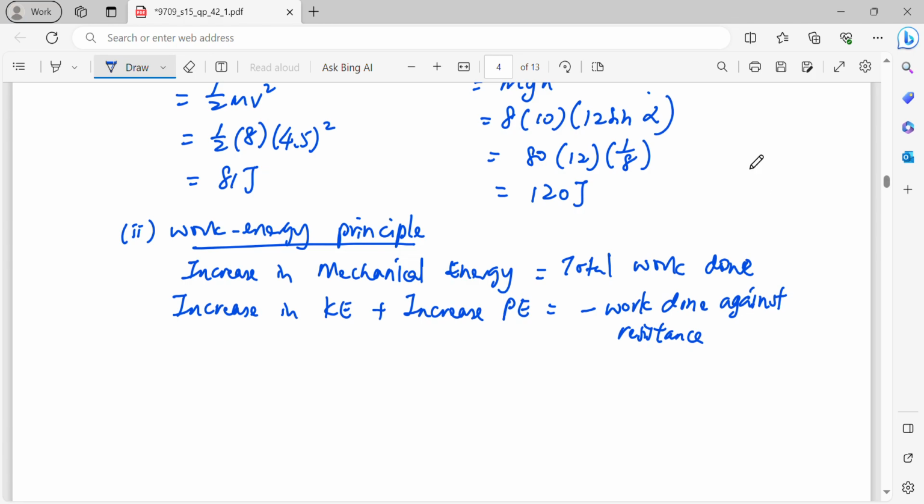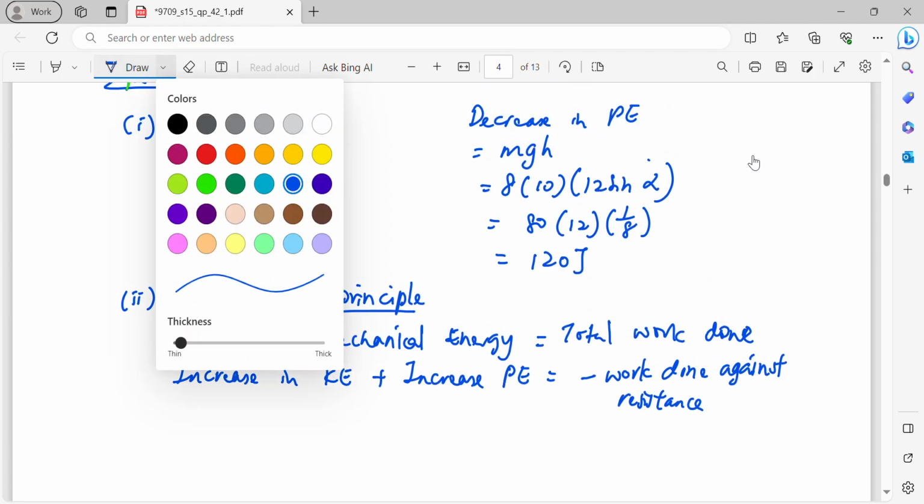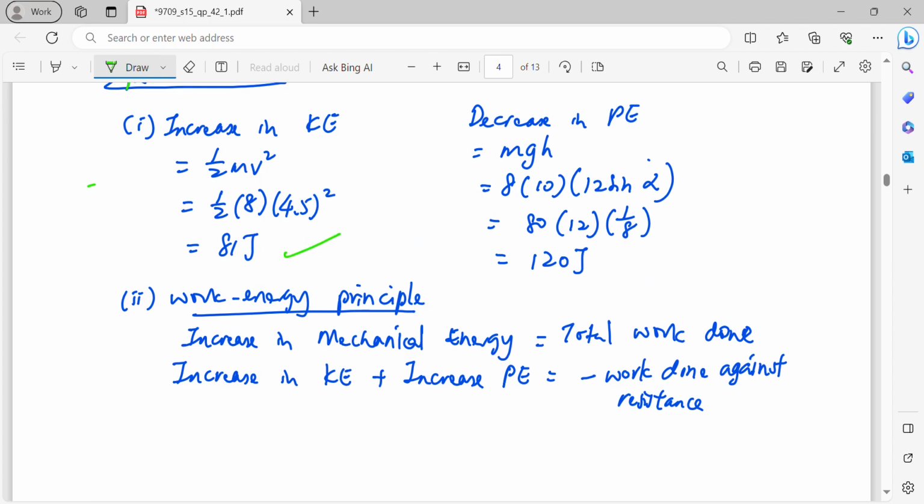Now the increase in KE we already solved in the first part, which is 81 joule. So I will just write 81. Now the increase in PE. For the first part, we have found the decrease in PE. It is 120 joule. So the formula here is plus increase in PE.